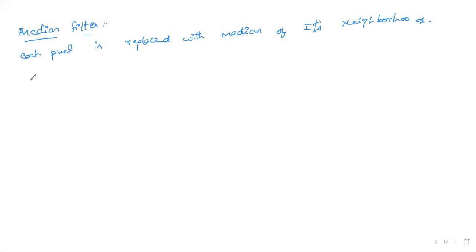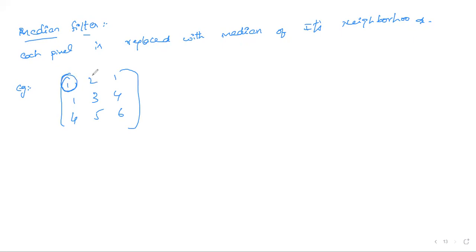Suppose I am considering one image example: 1 2 1, 1 3 4, 4 5 6. Now we have to calculate the neighborhood for each pixel. Suppose this is one pixel.